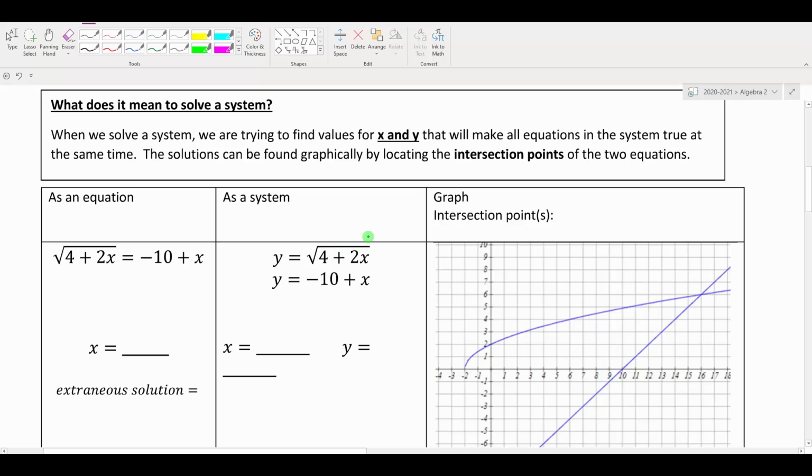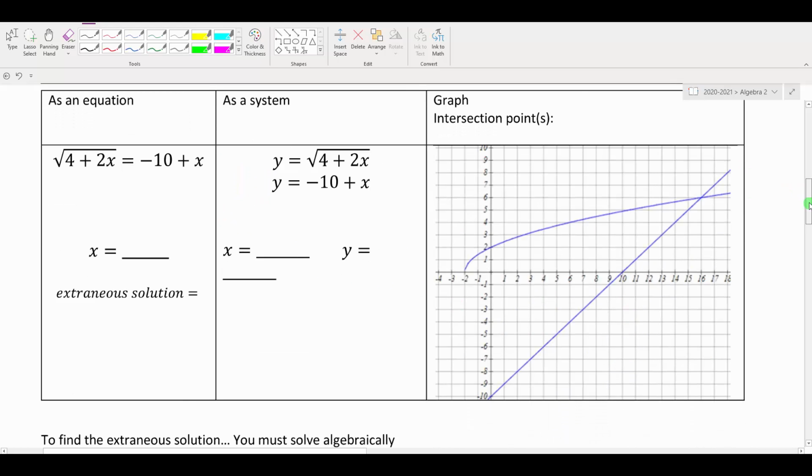When I find my values of x and y, I want to plug those values in and end up with a true statement, the same number on both sides for both equations at the same time. It's real simple to find that x and y value. As long as we use the graph, we can plot the two functions and look for the intersection point.